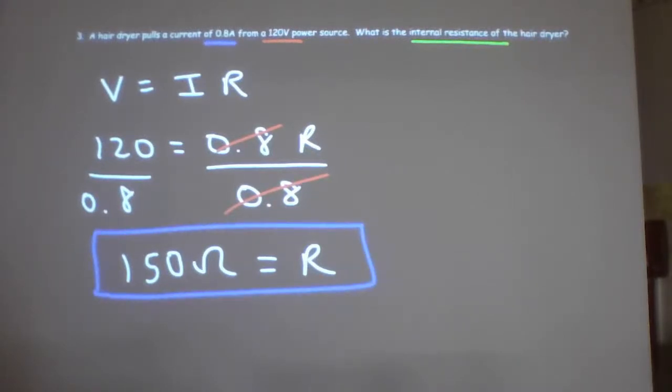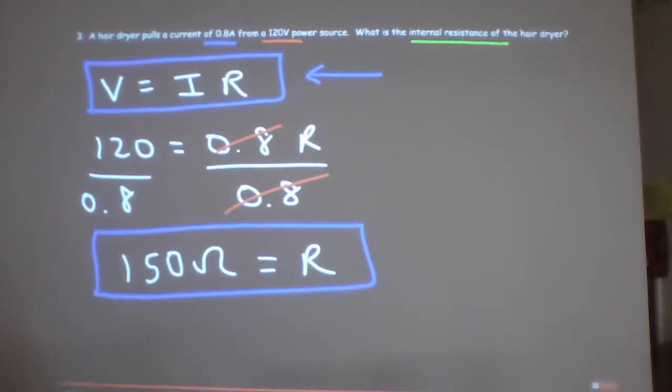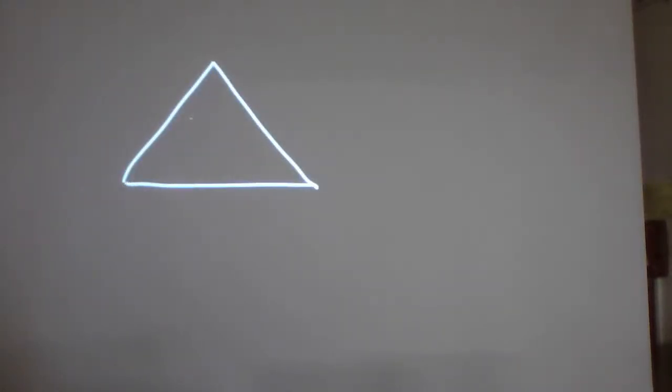And so it's very simple to use Ohm's law, particularly in this format. You can easily calculate the voltage, the current, or the resistance. Now, perhaps you've seen this symbol before, maybe like a triangle with V on top and I and R on the bottom.